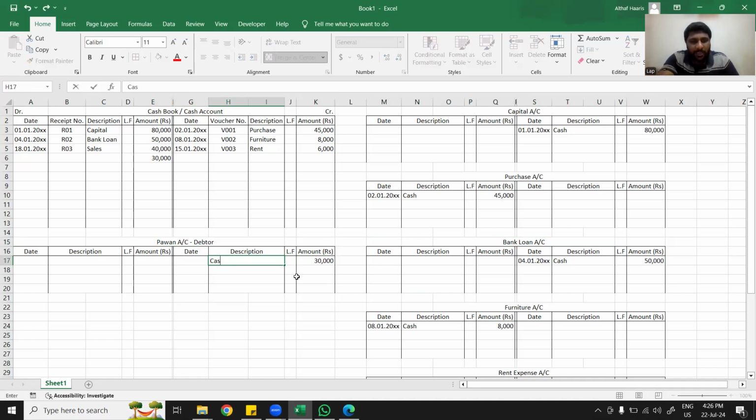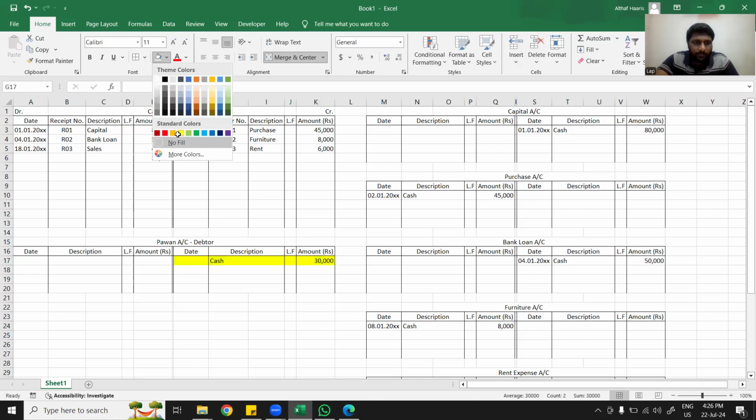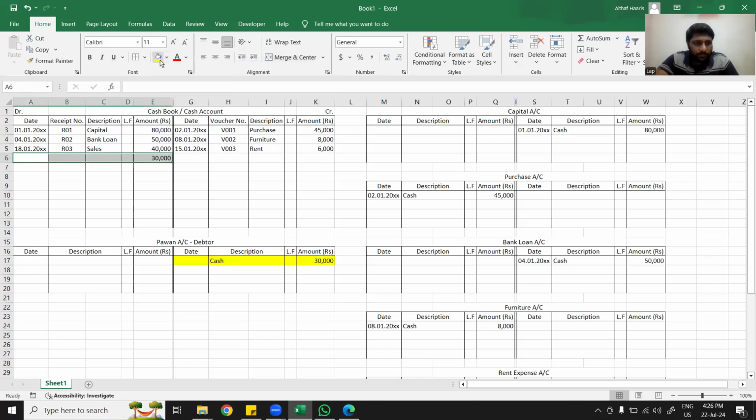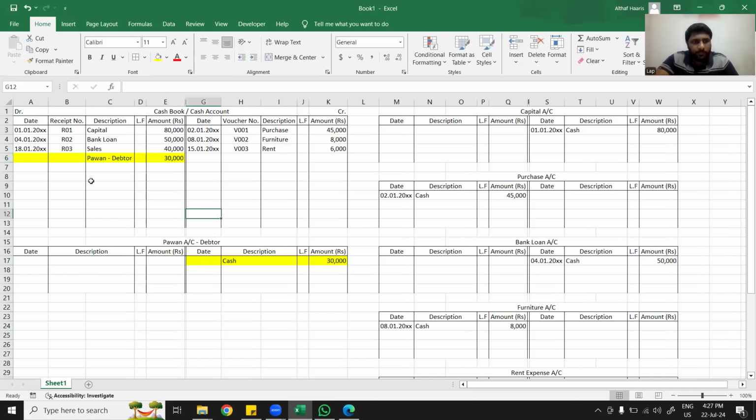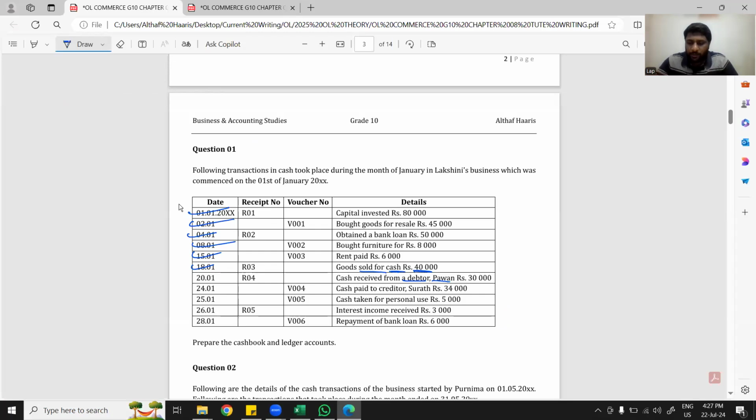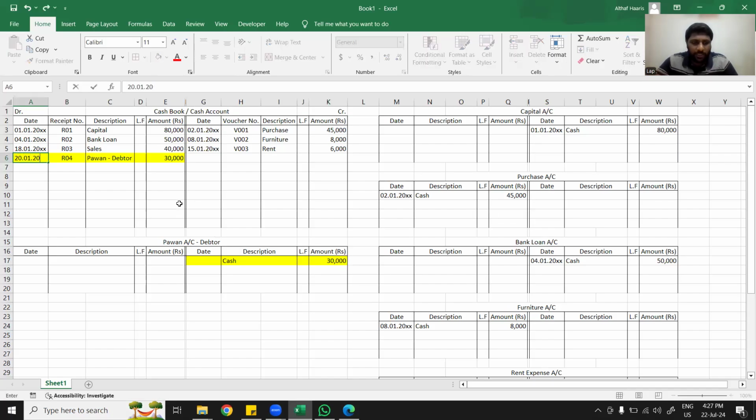Here you can write cash. Here you can write Pawan. Receipt number 4. What's the date? 21/20XX.